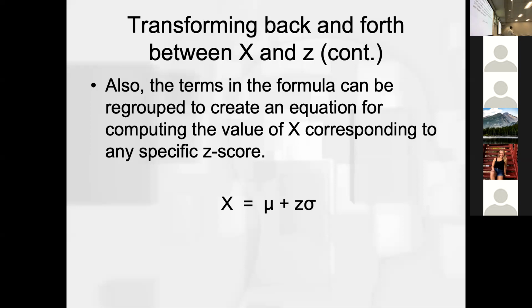And so as you'll see in a little bit, this allows us to translate data from one scale to another. Right? So it's very unlikely when the IQ test was first developed that it had a mean of 100 and a standard deviation of 15.